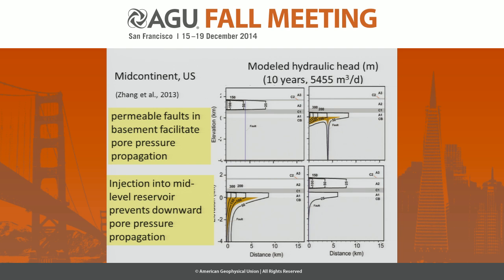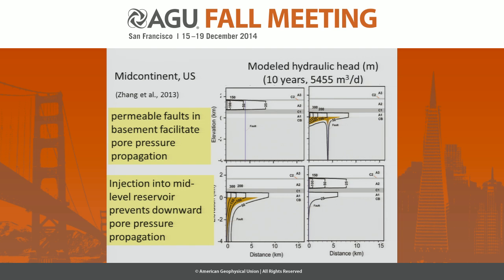That study found that if you inject in the middle level instead of the basal aquifer, meaning injecting in the aquifer with an effectively impermeable or less permeable barrier under the injection level, it will practically prevent pore pressure from propagating down. That's the second major point from this generic study. And again, it's very interesting, and these are further inquiries for more site-specific study.